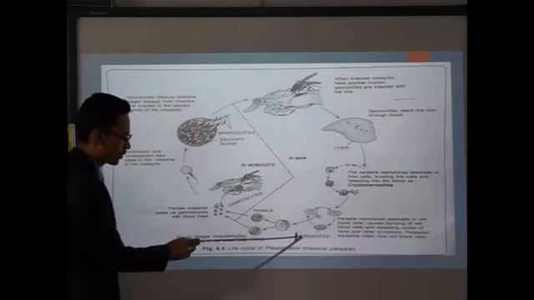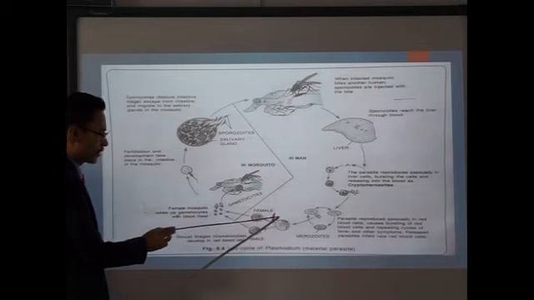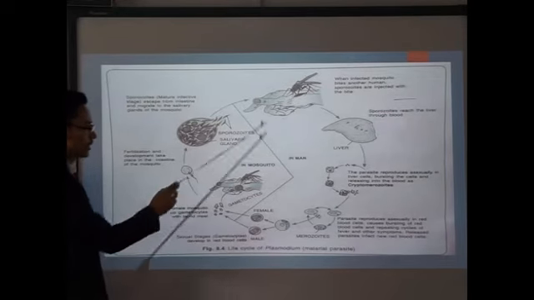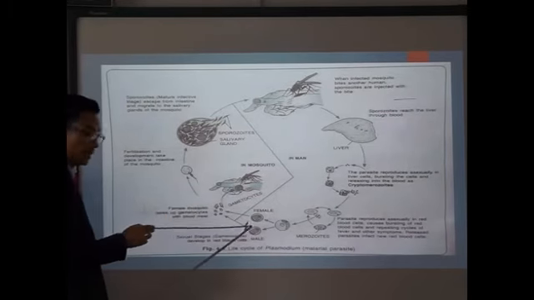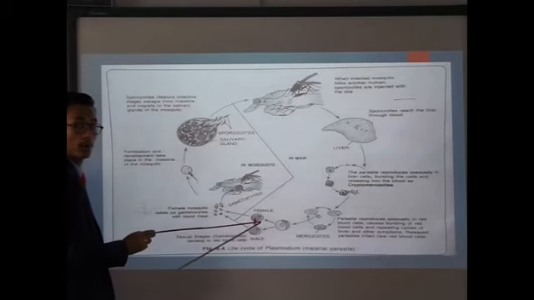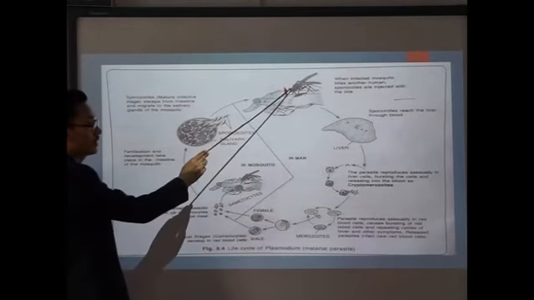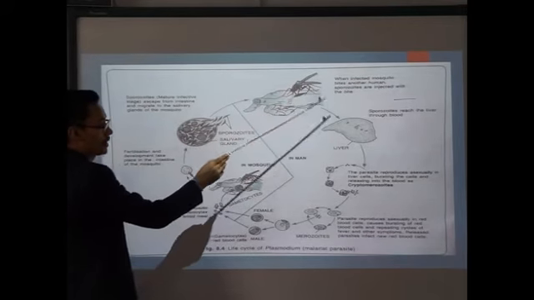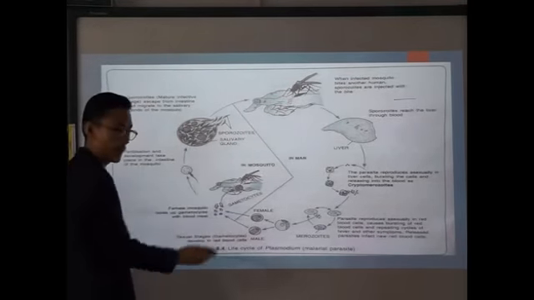Then after the merozoites are formed, there will be formation of the gametes, female gamete and male gamete. So till here, the life cycle goes on within the body of the human being. The mosquito containing the sporozoite comes and bites the human being. That sporozoite reaches the liver cells where it will rapidly multiply.